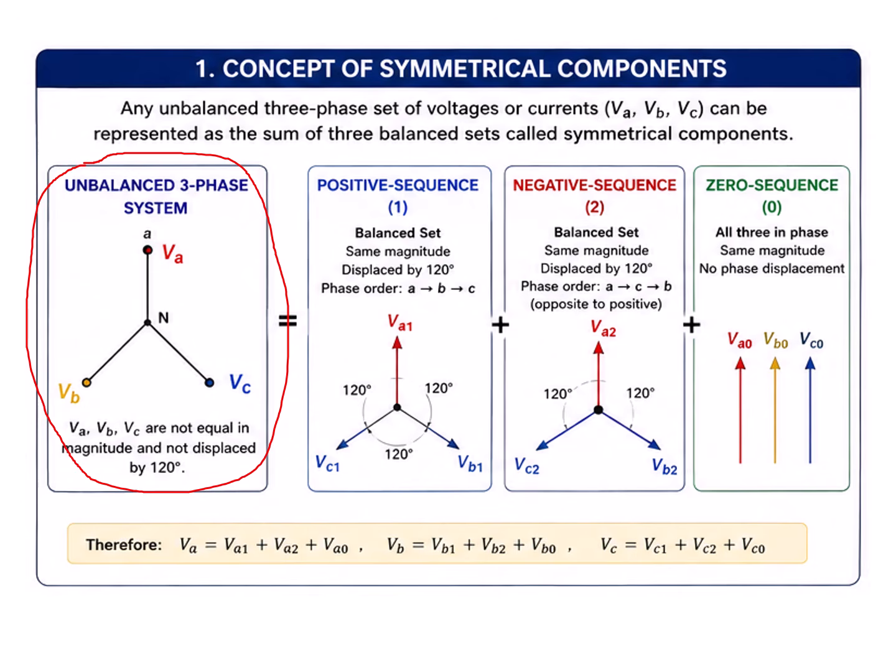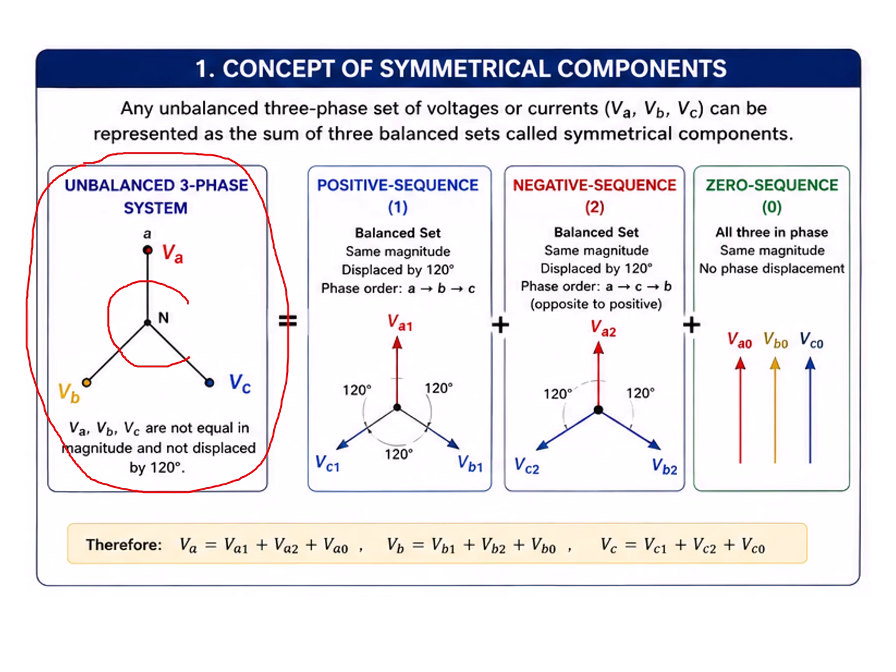This unbalanced three-phase system can be converted to three-phase symmetrical components so that they can be added up together to give back the original three-phase system. For example, we have the original phase sequence of phase A, B, and C.